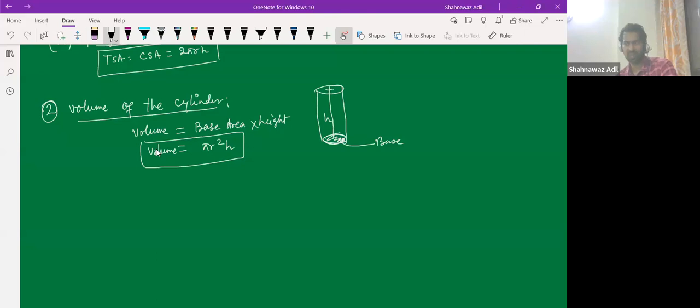So base area, floor area is length into breadth, and then you multiply it with the height. So base area into height will give you LB into H, LBH. So that is the volume of the cuboid, right? Got it, sir. Volume. Okay, so yes, everyone noted.